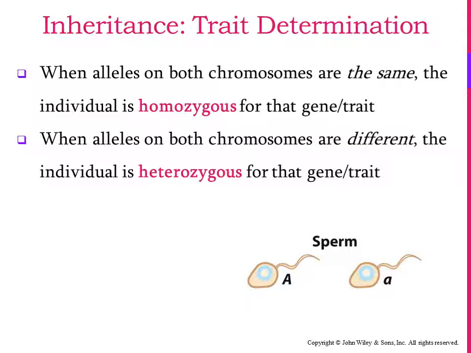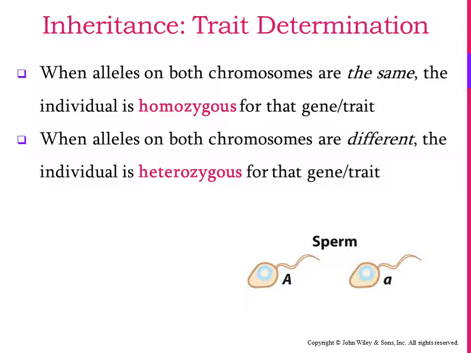Alright, so back to the homologous pairs. When the forms of a gene, or the alleles, create the same form of the trait, they're both the same, we say that the individual is homozygous for that trait. So back to the eye color.